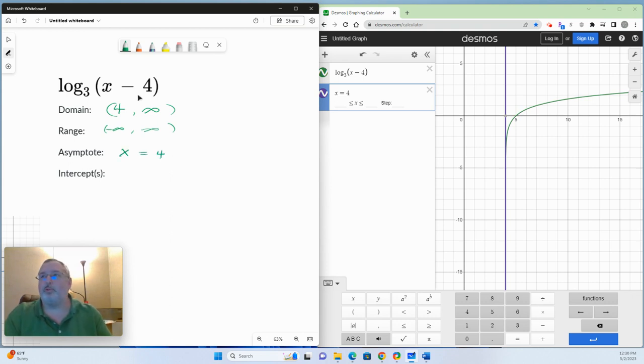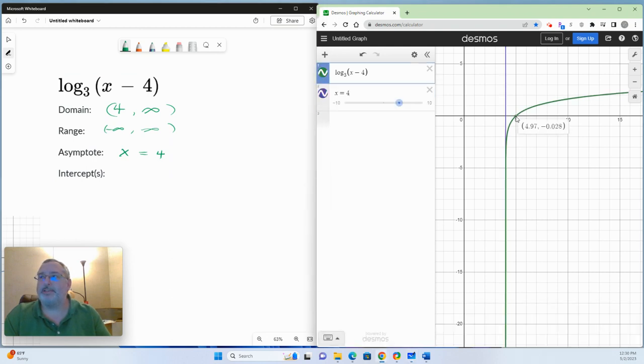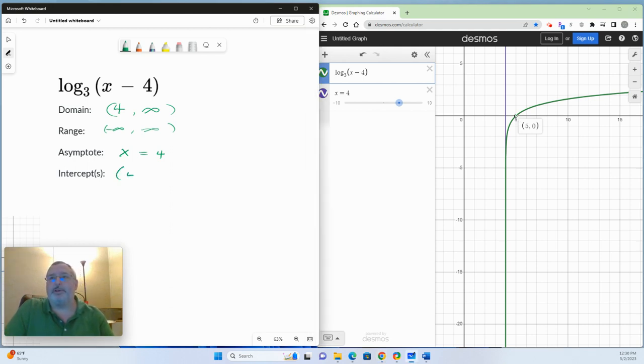Intercept. Again, it crosses right there at 5, 0. On Desmos, you can trace the line until you find the intercept. Makes it easy. So right there at 5, 0 is the x-intercept. There is no y-intercept.